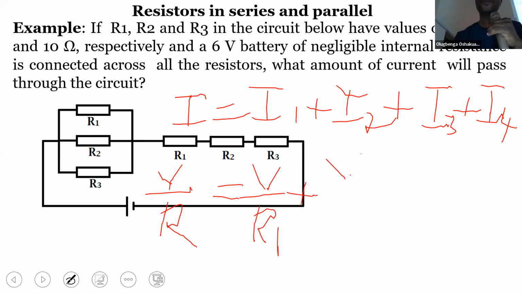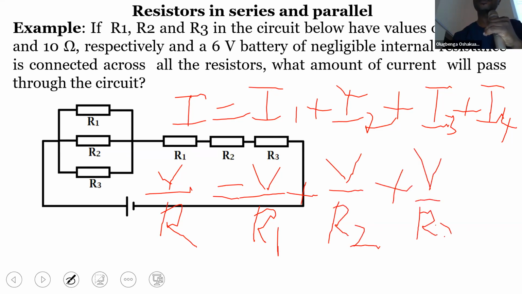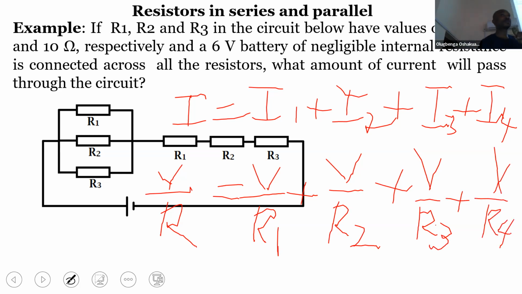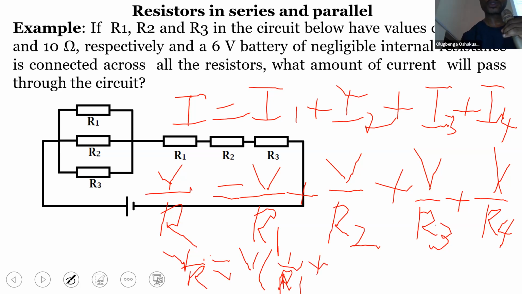For I2, V over R2. For I3, V over R3. And for I4, V over R4. So when you collect like terms, you have V over R equal to V into brackets 1 over R1 plus 1 over R2, and so on. To simplify, you divide both sides by V.